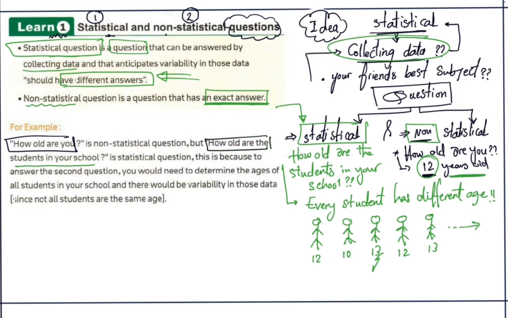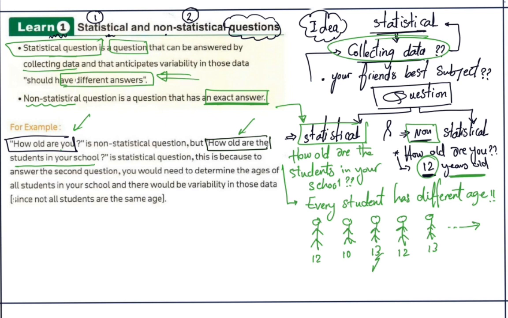Two examples: how old are you? Maybe 12 or 13 or 10 or whatever, it's non-statistical. How old are students in your school? It's statistical, there is no exact answer.